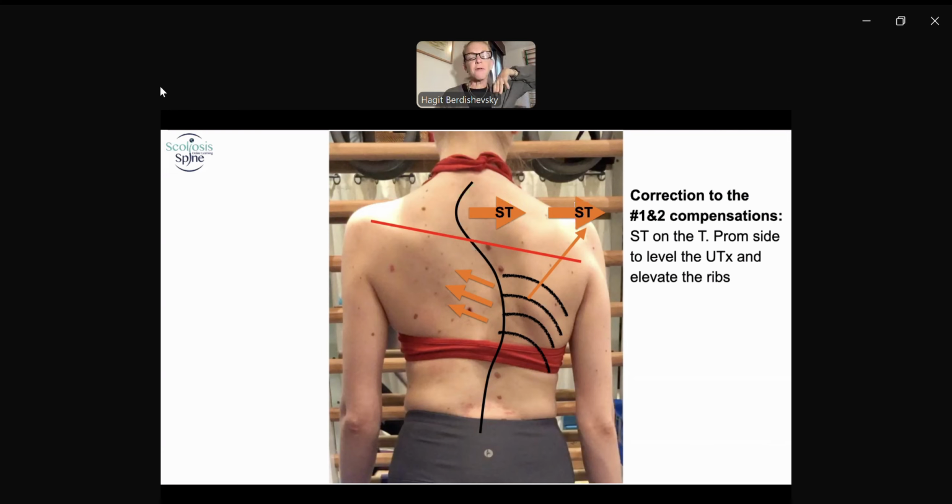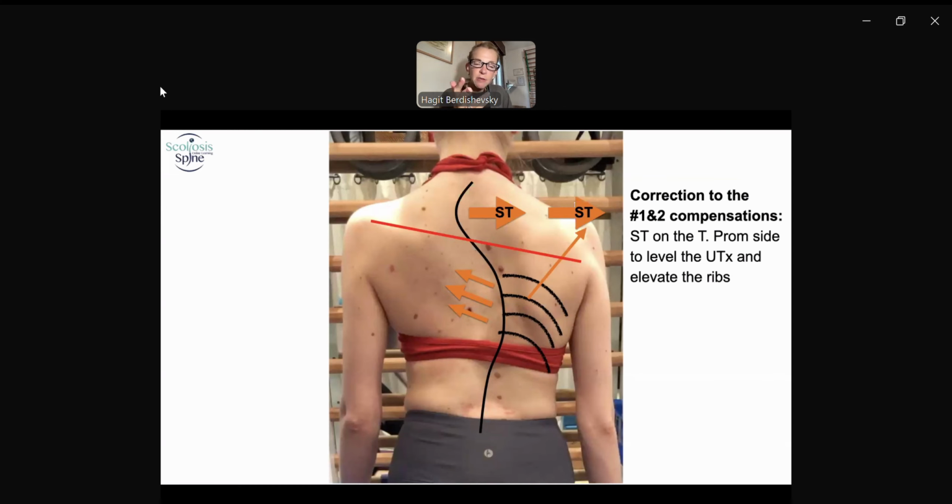And then if you ask the patient in the horizontal plane, laterally, to traction the shoulder, then it's not just about what it does, basically the muscles that cover the ribs on the right side.